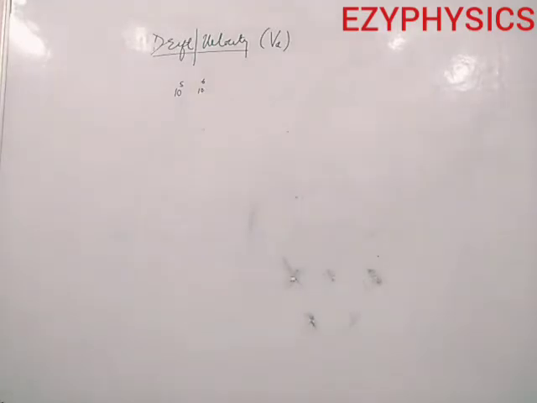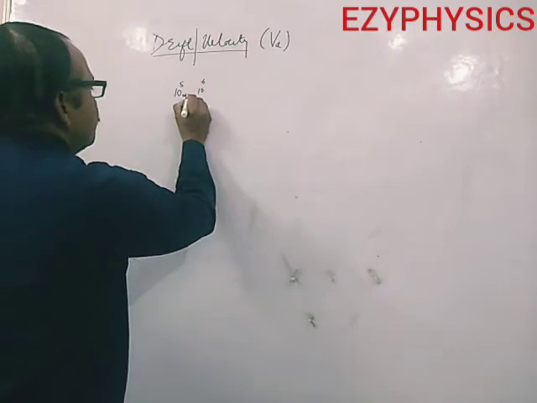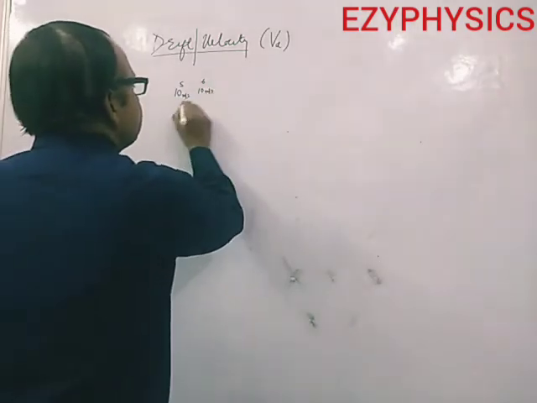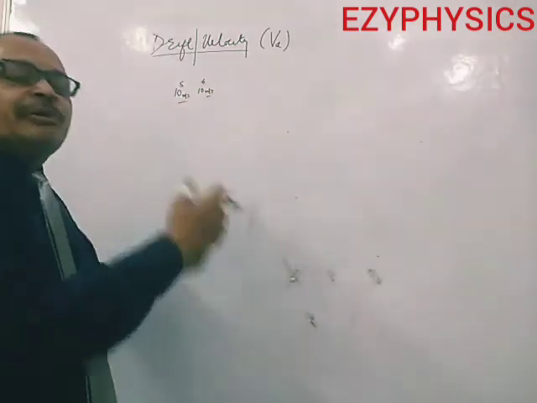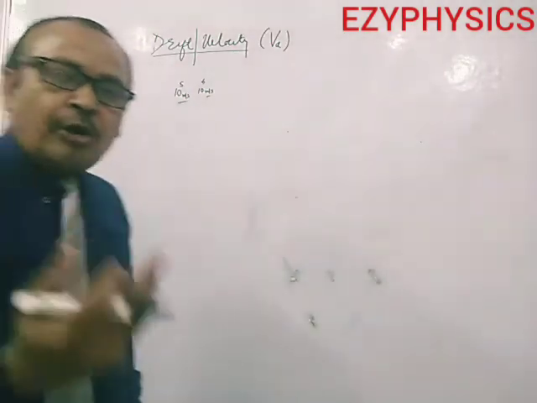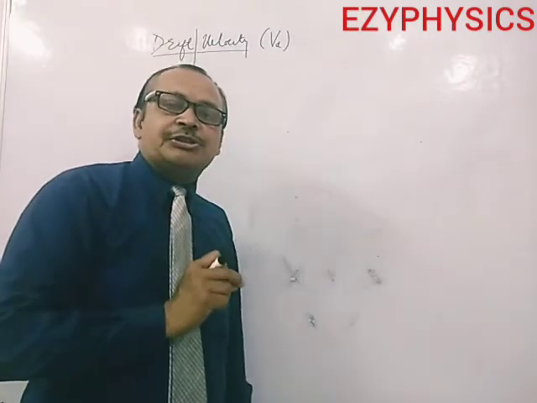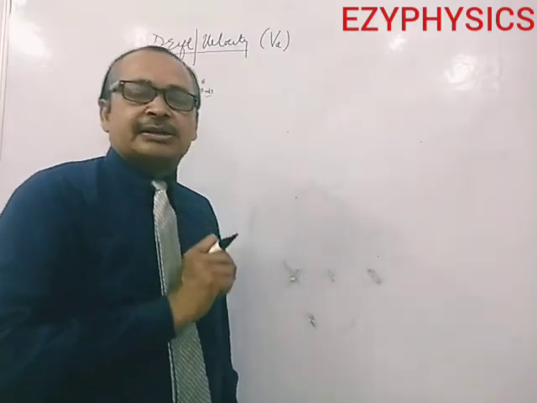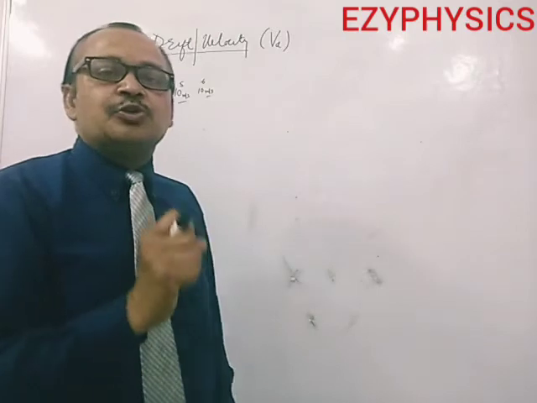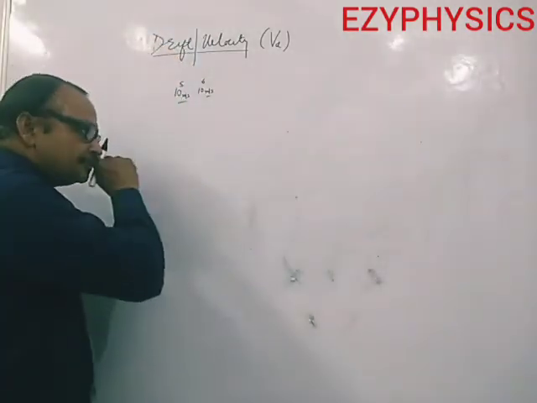This is the range of velocity which is due to the thermal collision between the charged particles. But on average, the total thermal velocity inside the conductor is considered to be zero.